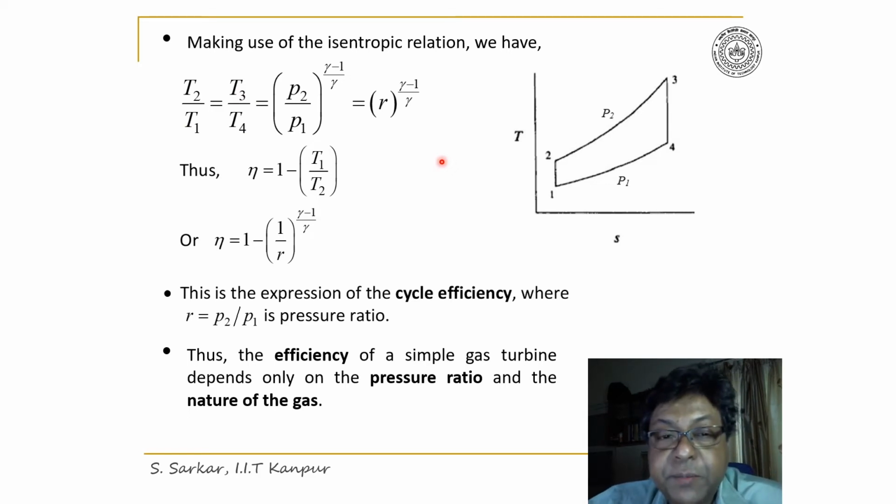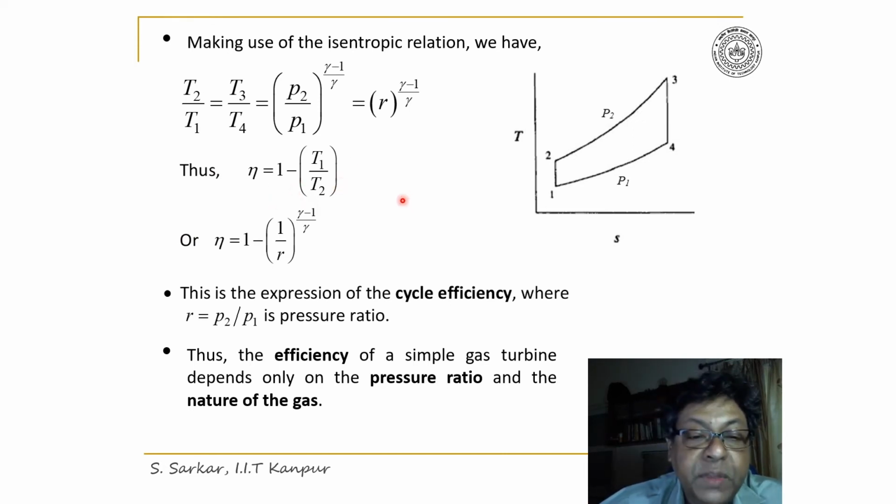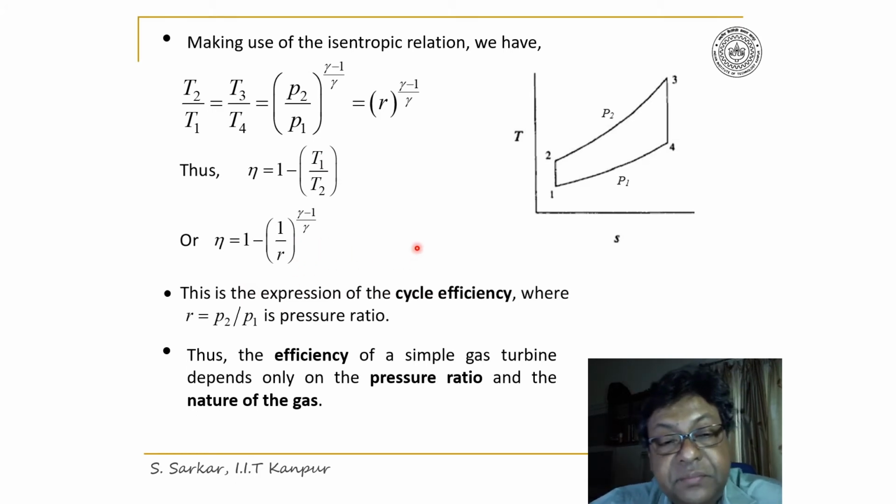Now with respect to the earlier expression of eta, you can appreciate that eta would become 1 minus T1 by T2. Thus, it can be expressed as 1 minus 1 by R to the power (gamma minus 1) by gamma. Thus, the cycle efficiency depends on the pressure ratio and gamma.